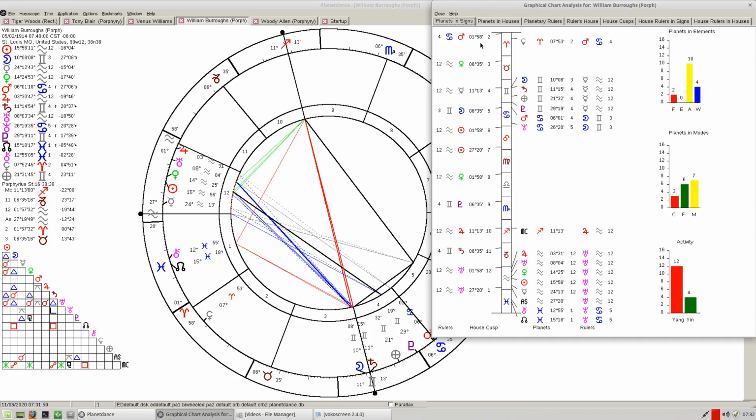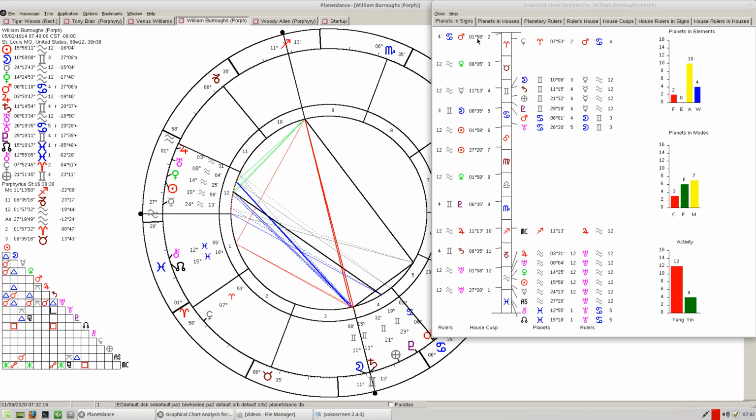On the left hand side of the panel you have the house cusps, so this is presented giving signs precedence. So the 2nd house is in Aries, the 3rd house is in Taurus, the 4th house is in Gemini.